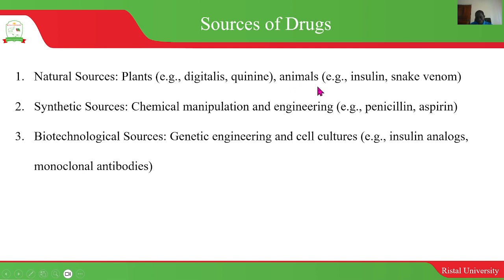For the animals, we know that some of these drugs are derivatives from the animal. The example is the insulin we use. We also know the antivenom, the snake antivenom. Most of these are manufactured. They are extracted from animals. For example, the snake venom is amplified.